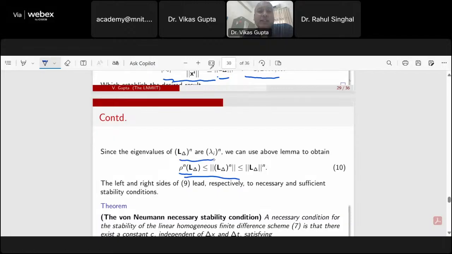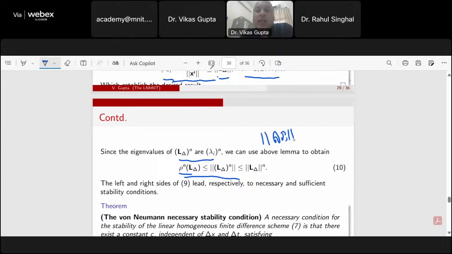for the nth power of L delta, because of this. And then using the relation norm of AB is less than or equal to norm of A into norm of B, the norm of the nth power of L delta can be written as the norm of L delta multiplied n times, which will be less than or equal to the norm of L delta into the norm of L delta, using that relation.